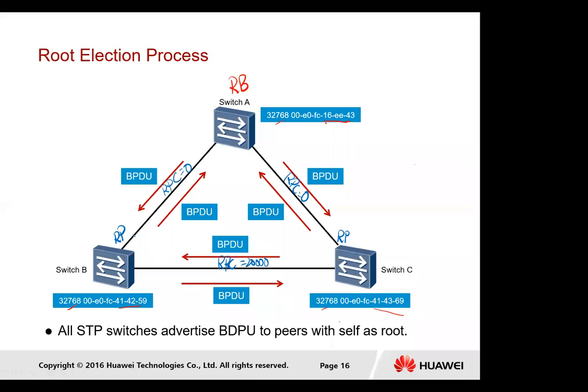So I'll always select the port directly connected to the root bridge as the root port. Always, when you are the root bridge, all the interfaces will be designated ports. Always, because the designated port is the one that sends out the BPDU.